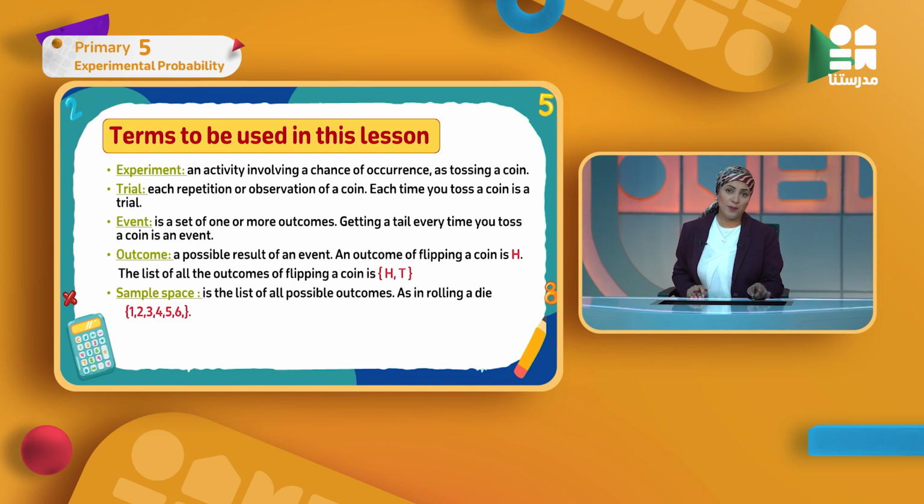Okay? And we have something called sample space. We will meet the sample space in the theoretical probability, not in the experimental probability. Okay? So this is in the second part of this lesson. So the sample space is the list of all possible outcomes as in rolling a die.